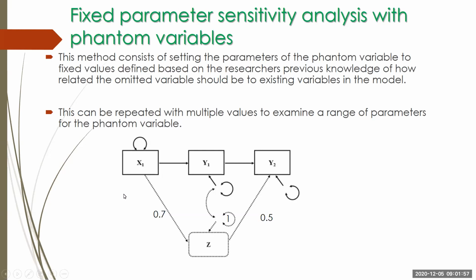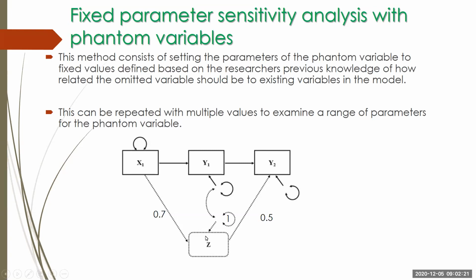In this case, you would add the phantom variable in the model and set the paths of the phantom variable to specific values that you would decide, and you would vary those values to try to investigate the sensitivity of the results.